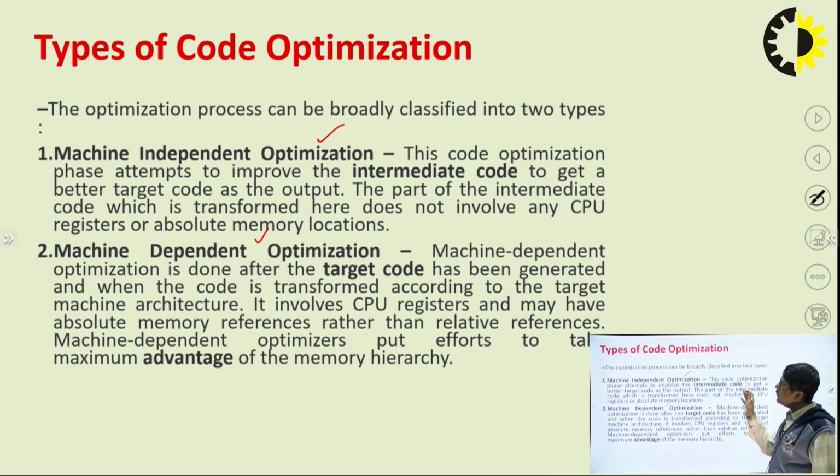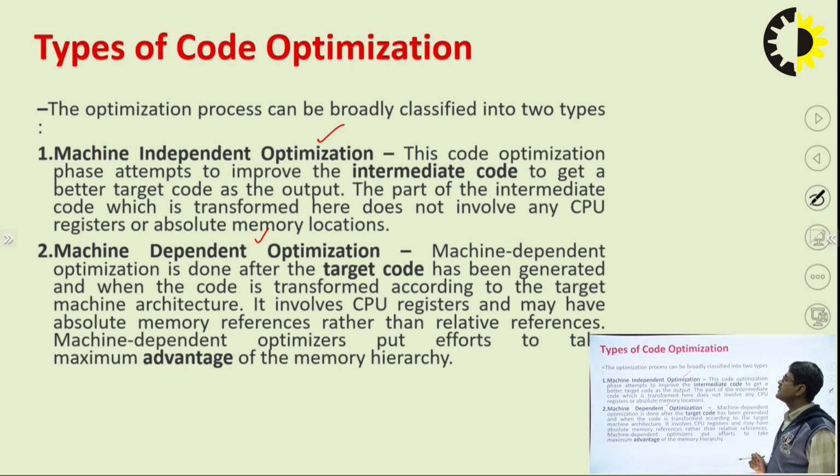That's why we largely discuss machine independent optimization, but whatever optimization we discuss in machine independent is also applied to machine dependent optimization, subject to the constraints of machine specification.